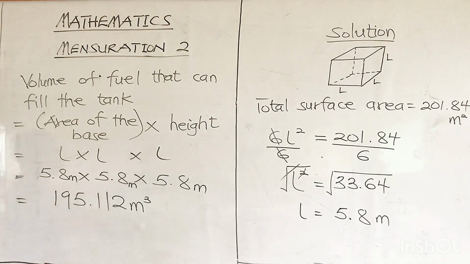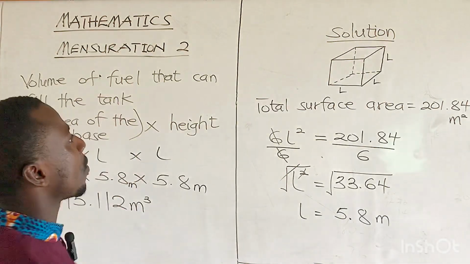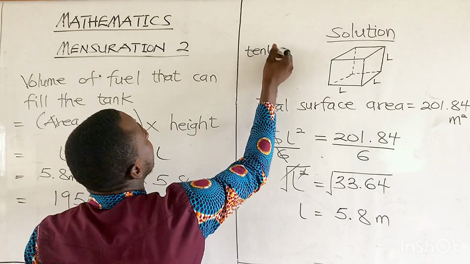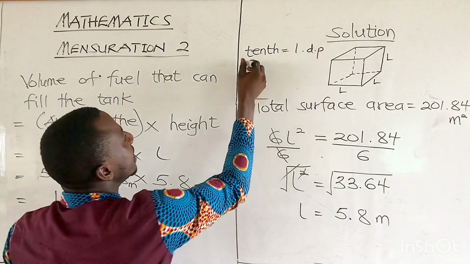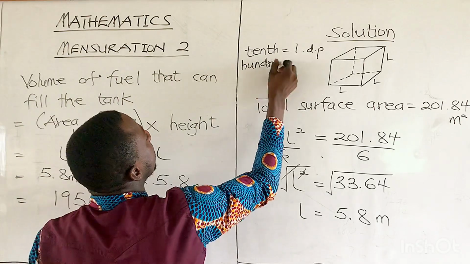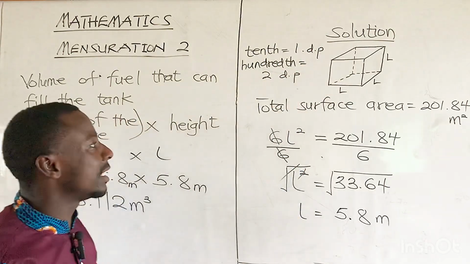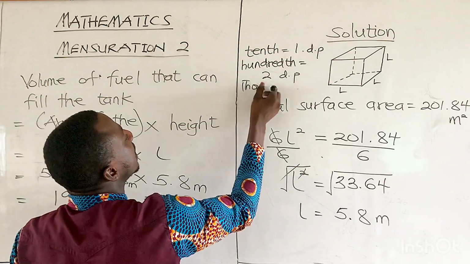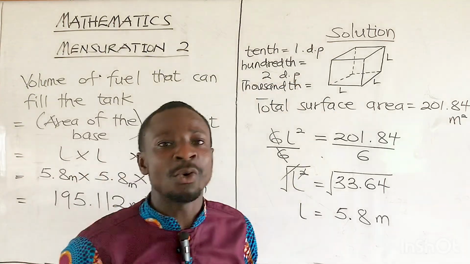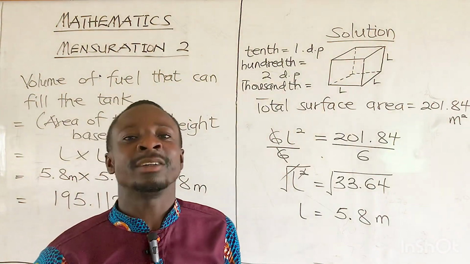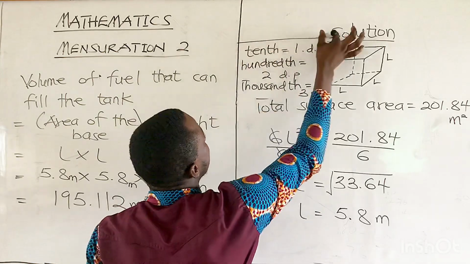Now, the question said we should correct to the nearest hundredth. To the nearest tenth is the same as 1 decimal place. The nearest hundredth is the same as 2 decimal places. The nearest thousandth is basically 3 decimal places.